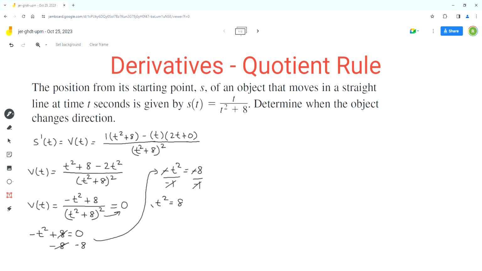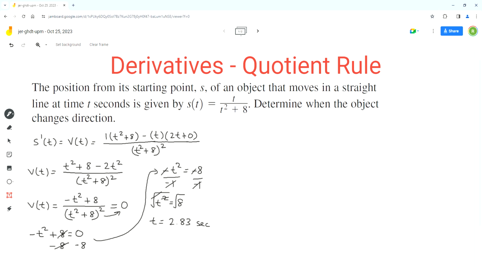Now we apply the square root to both sides, so the square root and the square cancel each other out and we get t equals the square root of 8, which is equal to 2.83. The unit of time in this problem is seconds, so it's 2.83 seconds.